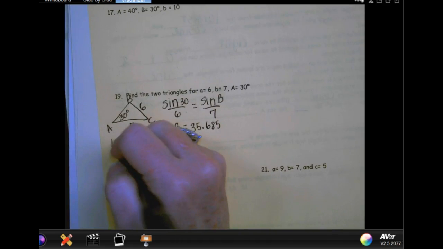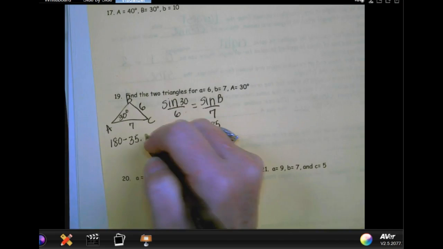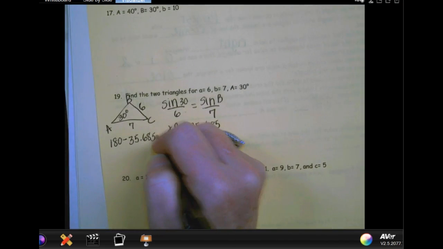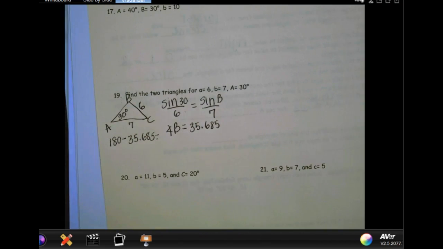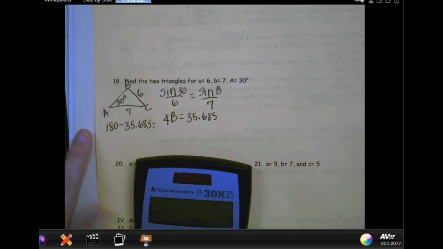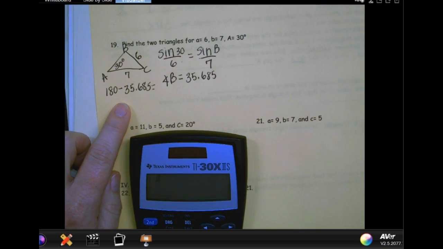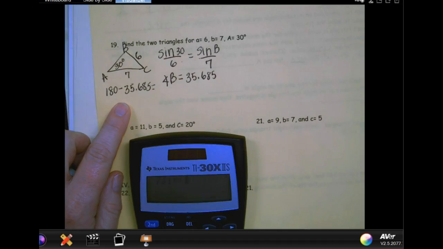So now I have to test and see if there's a second triangle. So I'm going to take 180 minus 35.685. Okay, don't talk to me anymore, Rommel. Did anybody else do it? I'm checking.